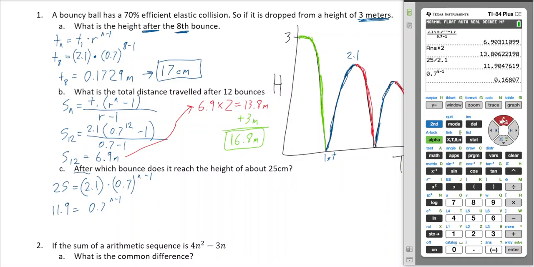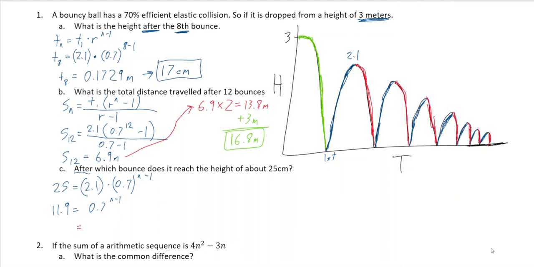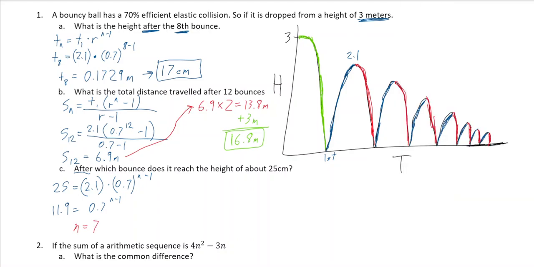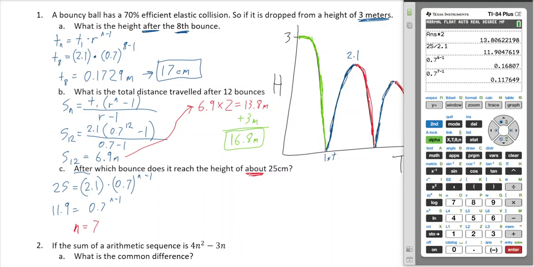We have to get smaller than that. So let's try the 7th bounce. And there it is. So it's not exactly right, but it's 11 point and then a high number, so it's close enough. So our value is when n equals 7. And the key is it says about, so that's why it's close, but not exactly.